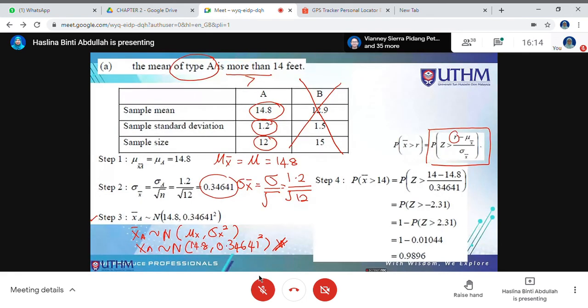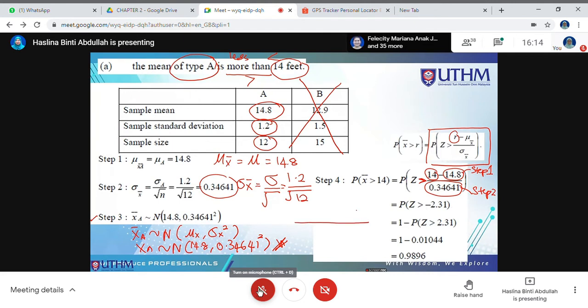If the question is less than, the symbol is this one. More than 14 feet, so here is larger than. 14 minus 14.8, this value is from step 1, and this value is from step 2. So we will get negative 2.31.